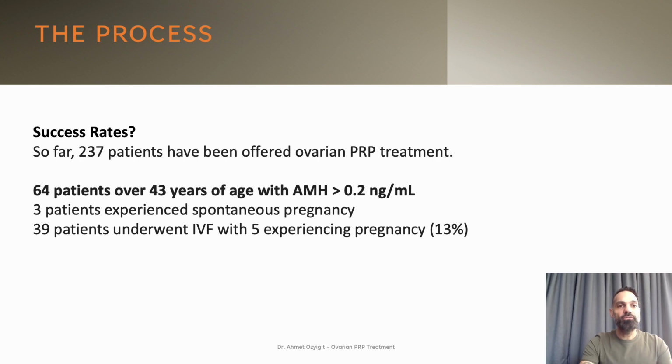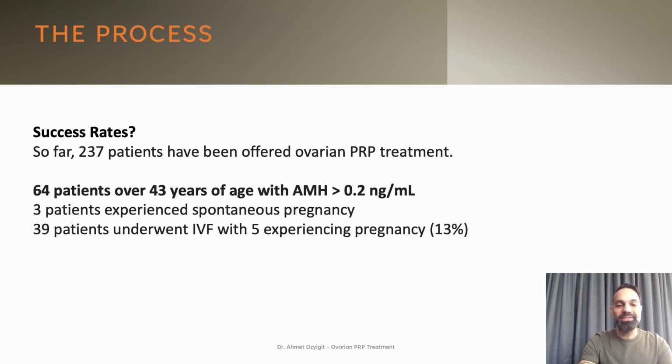In terms of all patients in older age brackets, 64 patients were over 43 years of age with an AMH level of 0.2 or greater when measured in nanogram per ml. So this is an ovarian activity level which could be acceptable for women in these age brackets.